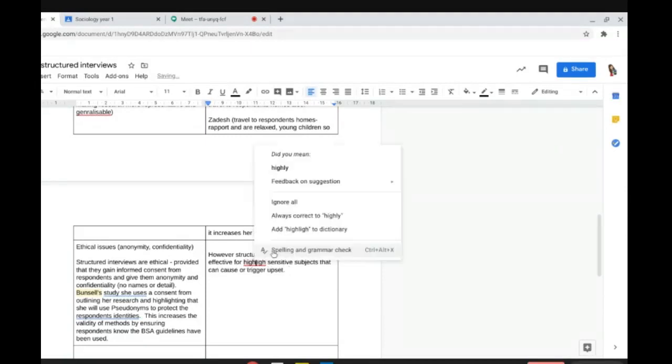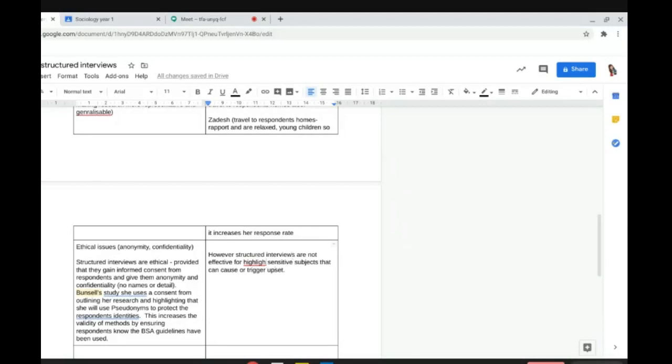They're not very good for it. So highlight: they're not effective for highly sensitive subjects that can cause or trigger upset or harm. This is why in the British Crime Survey, they use a self-completion survey when asking questions on domestic violence.